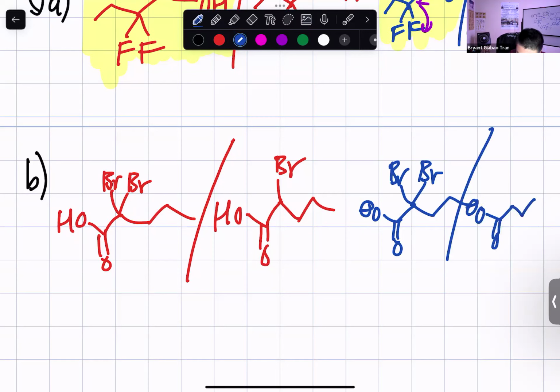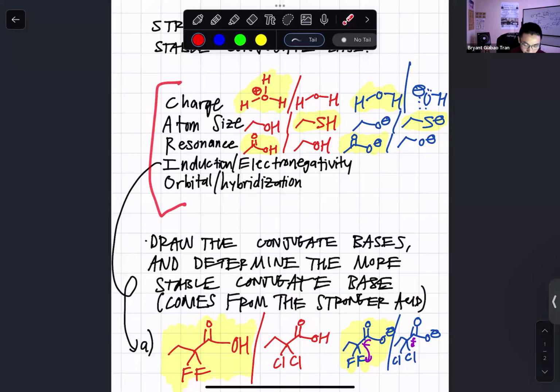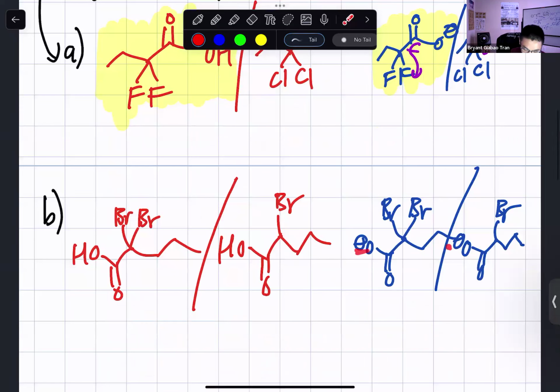So which one of these negative charges that we just formed in the conjugate base would be more stable? And then you can think of the acronym here, CARIO: the charge, atom size, resonance, induction, orbital. But we're looking specifically at the induction effects here because they have the same charge, negative charge. They have the same atom size because it's the same atom, oxygen. They have the same amount of resonance. Now we're looking at induction effects here.